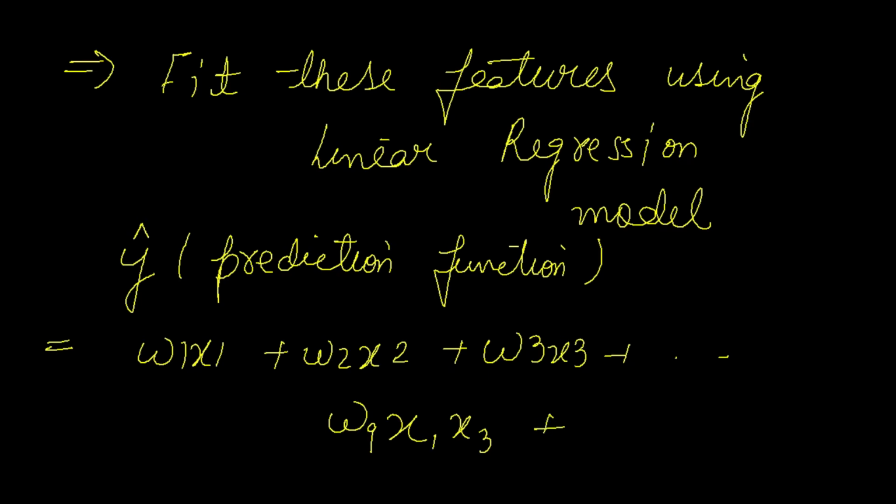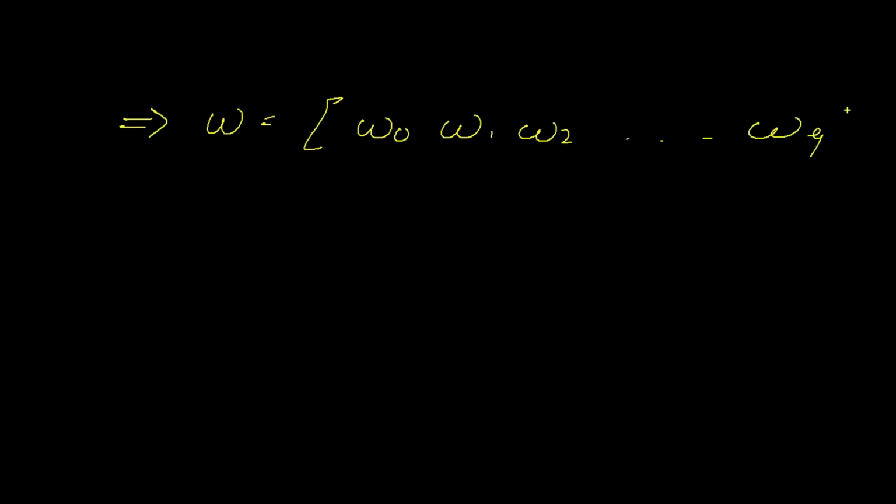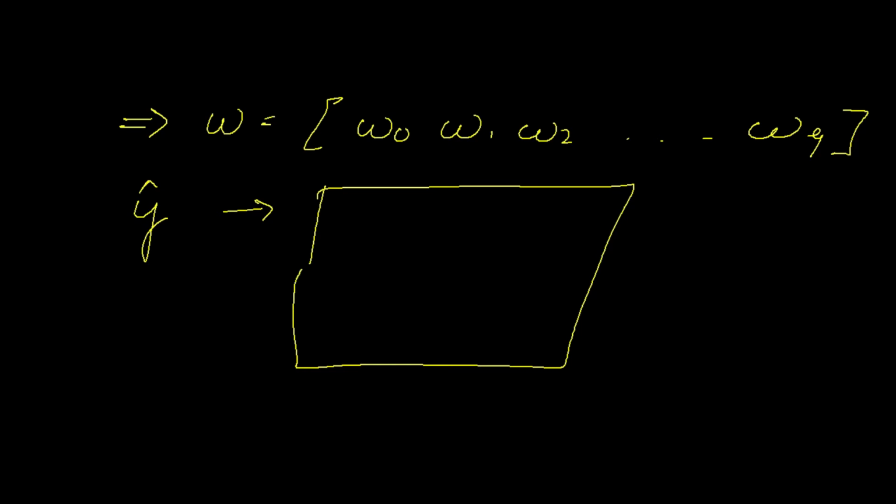Or at the end we can also add w0. So when writing this in the simple form of w, we can write w as a vector of w0, w1, w2 up to w9.